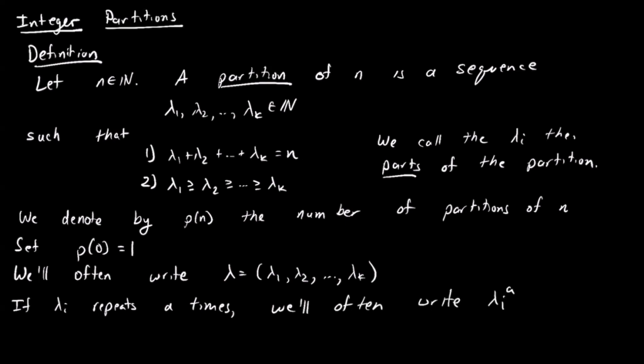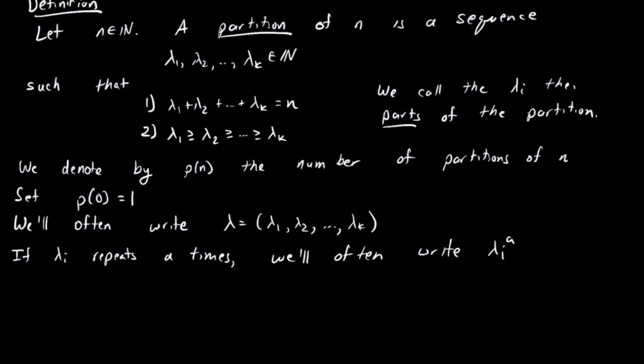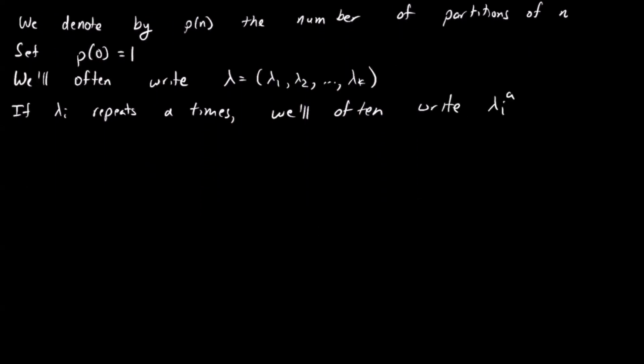So let's maybe look at a few examples of this notation. Our first example will be, let's say, the partition 5 plus 5 plus 5 plus 3 plus 3 plus 1. So this is a partition. And there are a number of ways we'll write this.